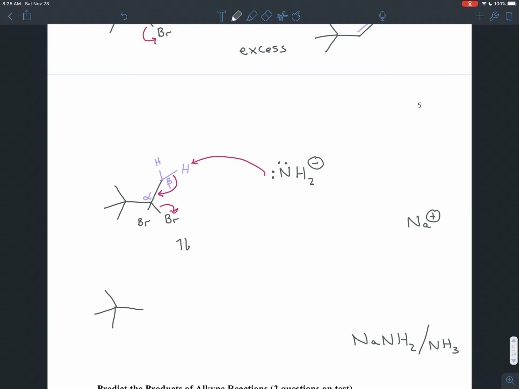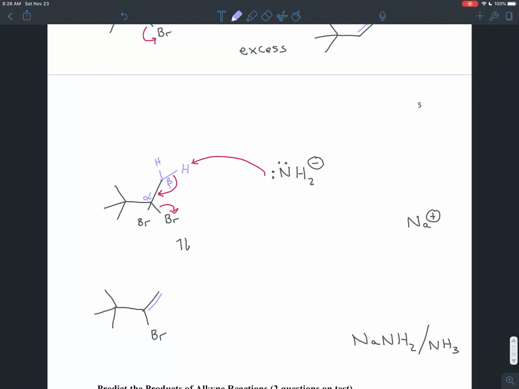None of the carbons disappear or appear, so in that sense it's the same. We only have one leaving group now. This bromine has left, so we only have one bromine left. One of the hydrogens is left, and so we have a pi bond here that we made from its electrons.